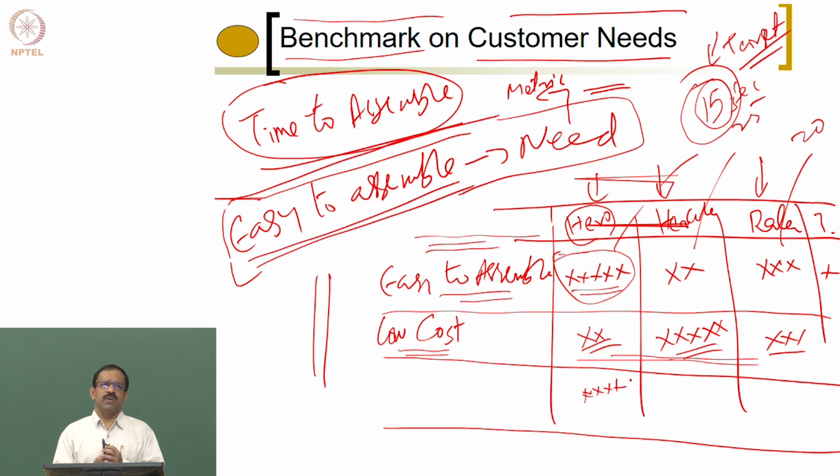Cost need not always be tied to instill pride. Because for instill pride, of course, the cost should be high because of the features they provide. So cost need not always have a direct relationship to instill pride. Yeah, brand value is one major thing, but brand value you cannot bring in as a design specification.